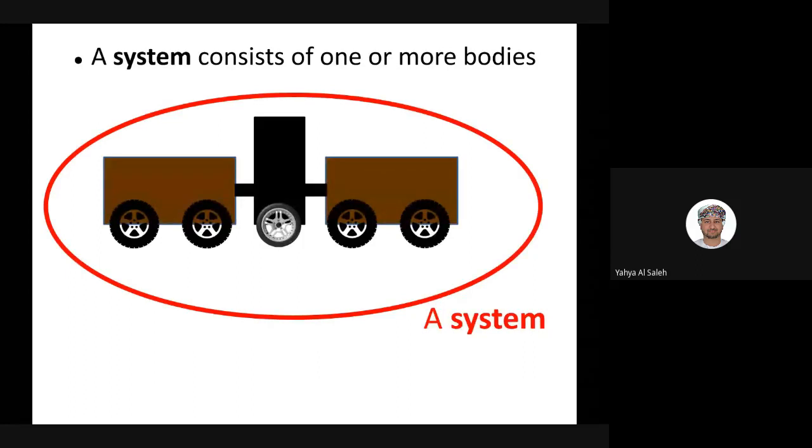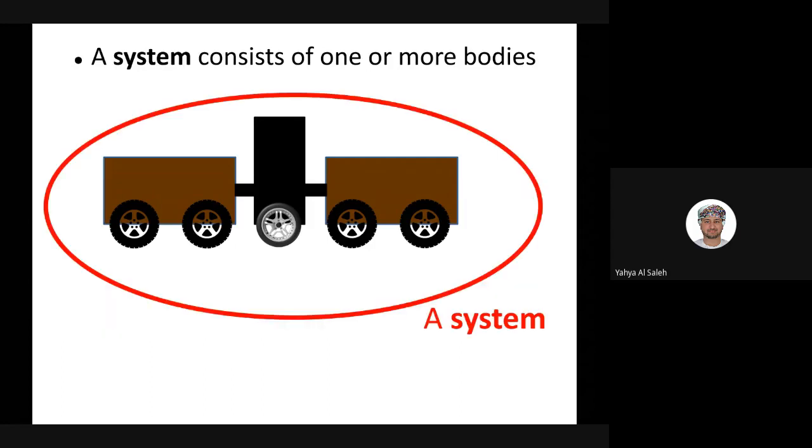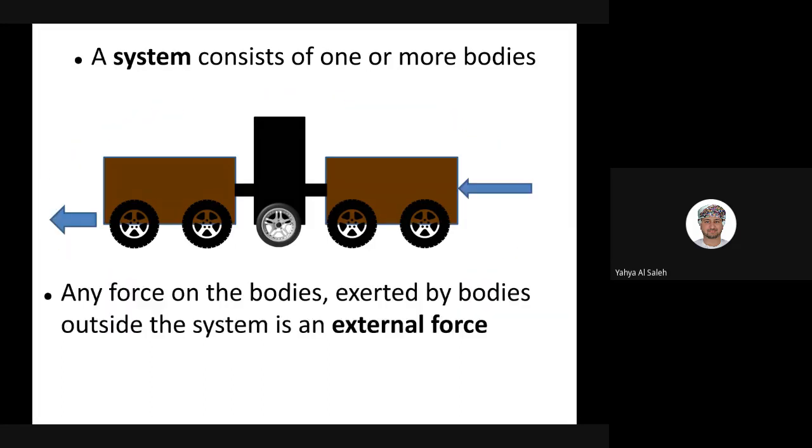What we do is we define all 3 things together as what we call a system. Okay? And we deal with it as one body. Now, any force exerted on this system by forces from outside the system, from outside this combination, we call it an external force.